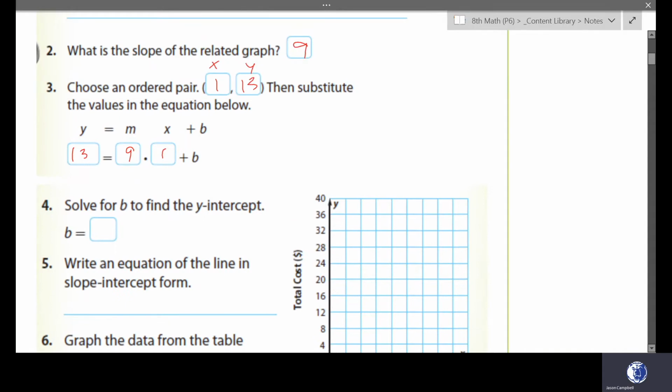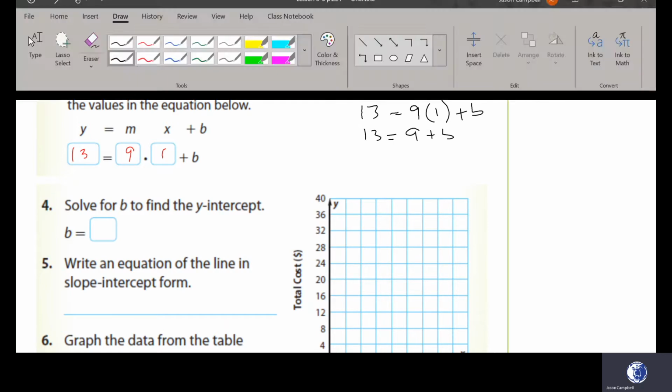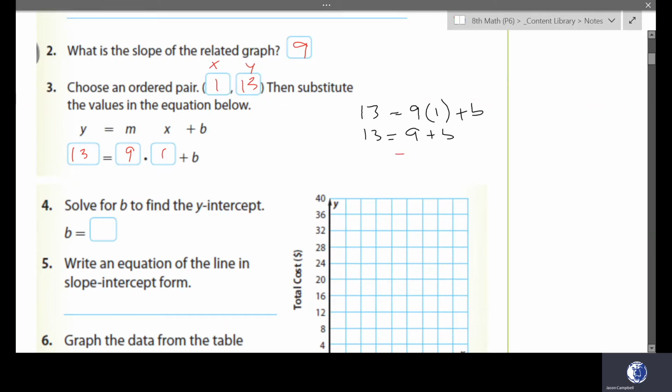So I have 13 is equal to 9 multiplied by 1, add b. Well, 9 multiplied by 1 is just 9. So if I subtract 9 from both sides, then I get 4 is b.